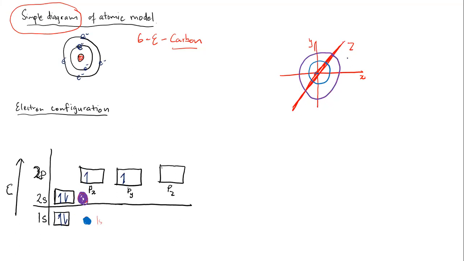So this is the 2s orbital, inside of which there is the 1s orbital with 2 electrons. This orbital will also take 2 electrons, meaning so far we have a total of 4 electrons.